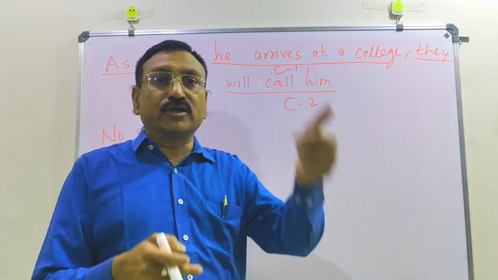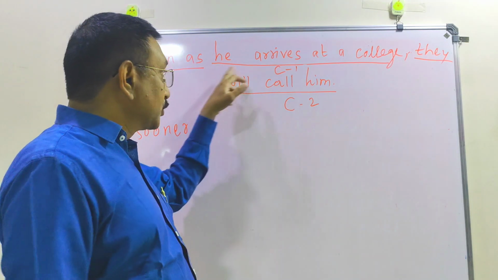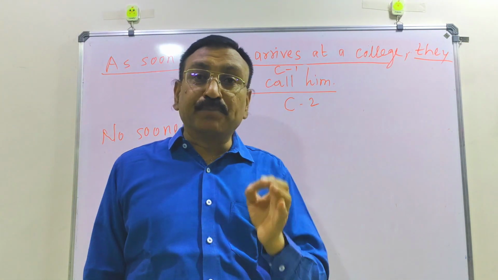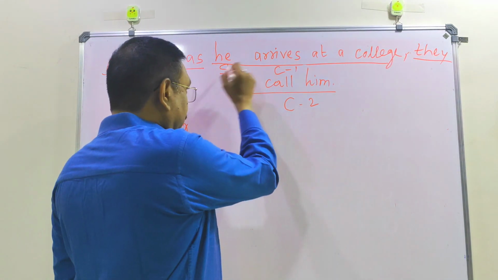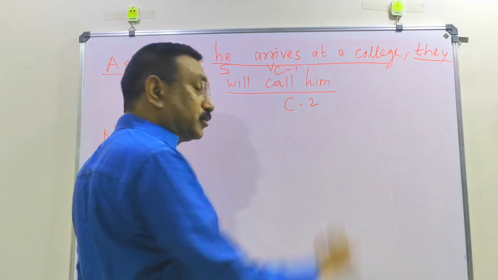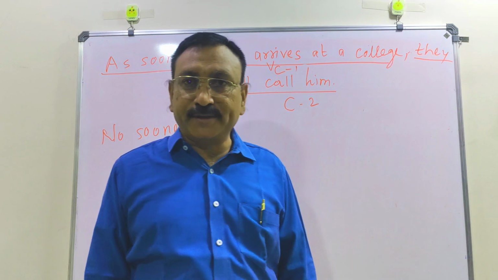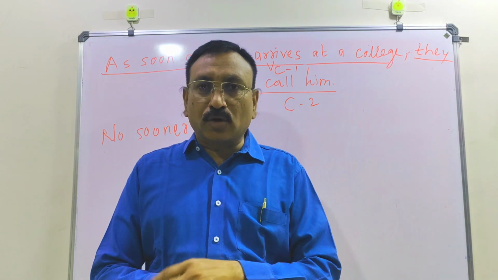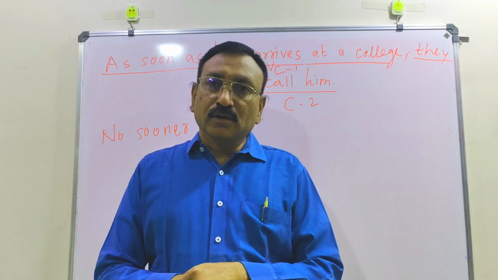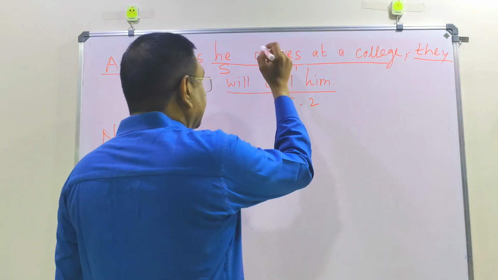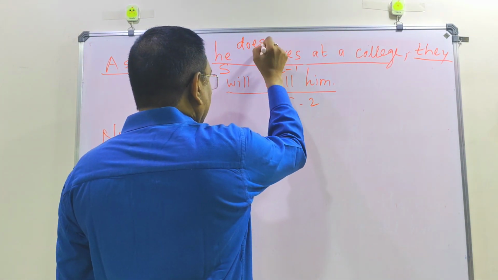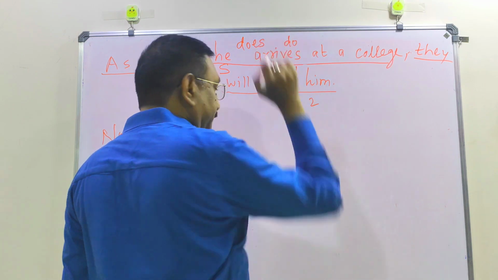He arrives at a college. The sentence is in simple present tense. He is the subject, arrive is the verb with the suffix es. When the sentence is in simple present tense, we have two options. The first is does and the second is do.